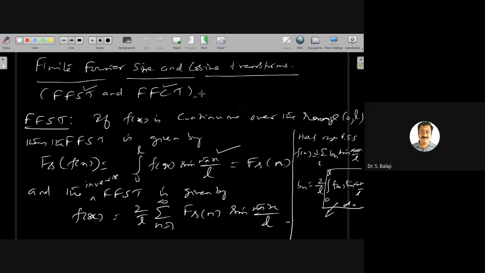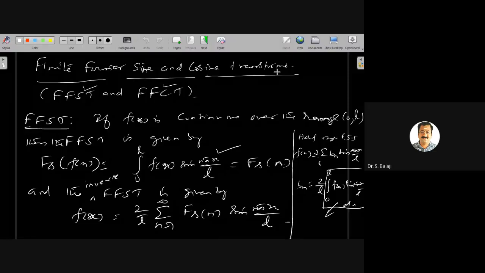Put the heading as finite Fourier sine and cosine transform.